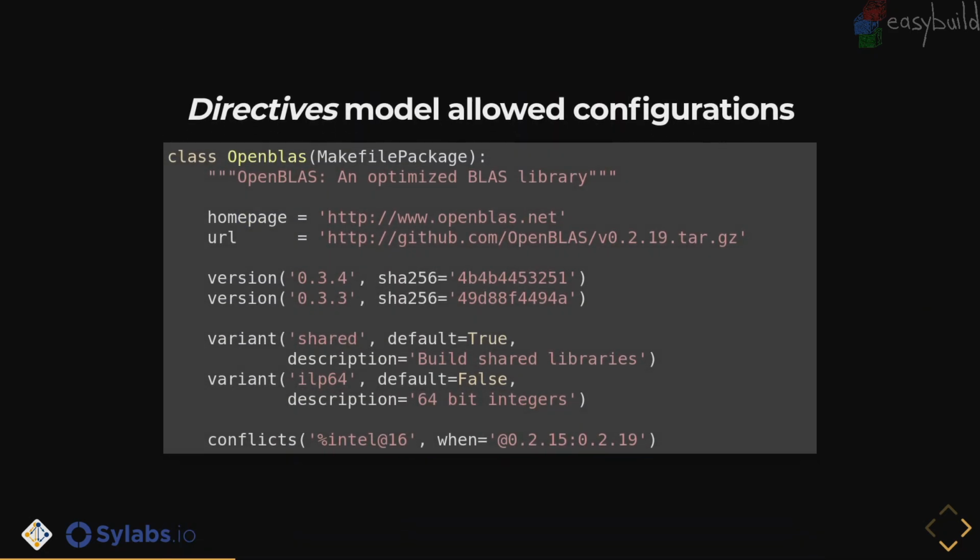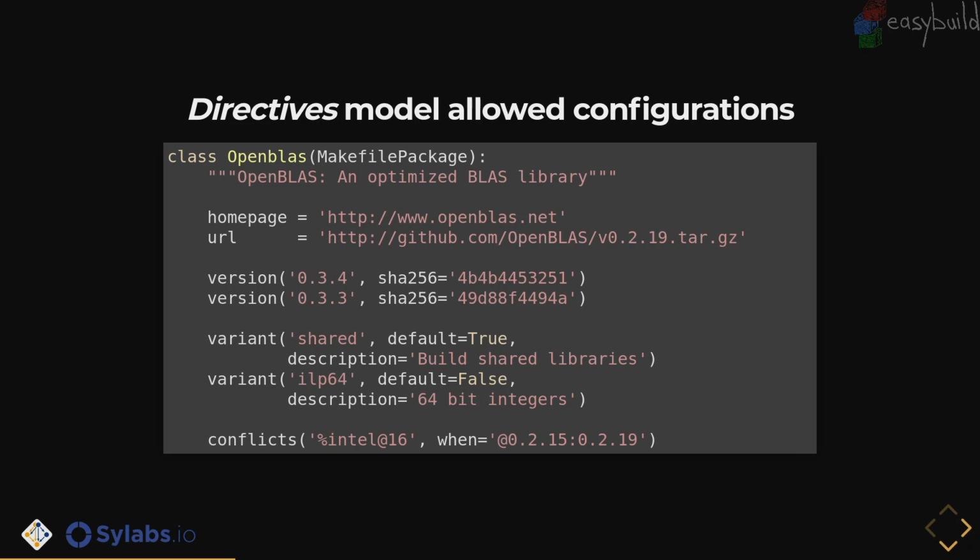On the packager side, you have directives in the Python classes that describe how to build a package. Directives model the allowed configurations, and they are declarative in nature, like this version directive or this variant directive.